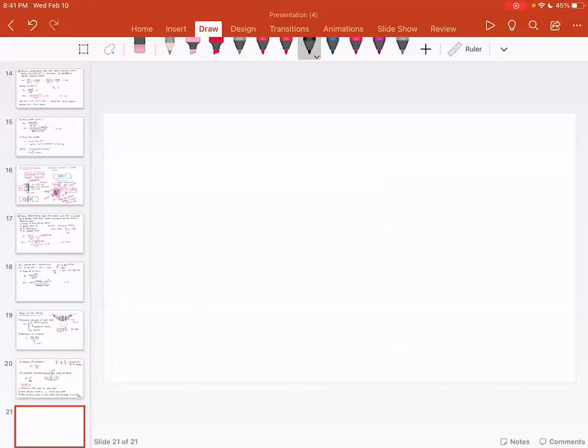So for example, if it's a simply supported beam, you will have capital M is equal to W times L by 4. This is the maximum bending moment.